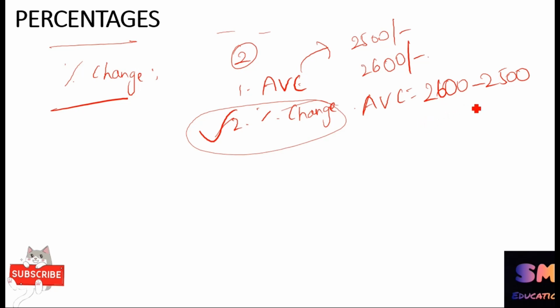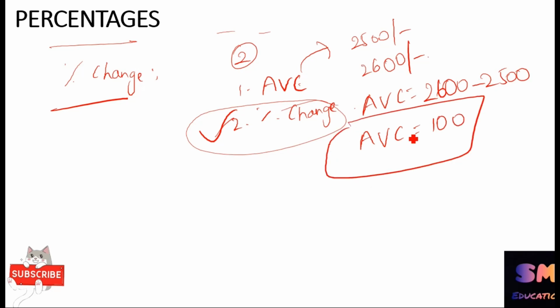That is final value minus initial value. This gives you the absolute value change. This is just a number, and in absolute value change we do not consider 100, meaning we do not multiply by 100, because it is not a percentage.